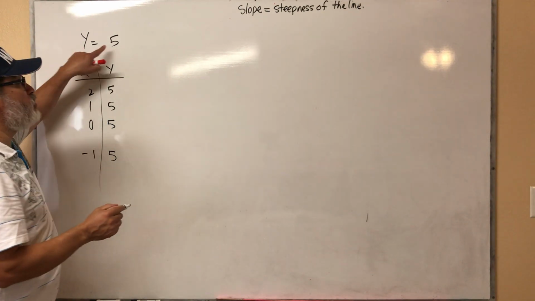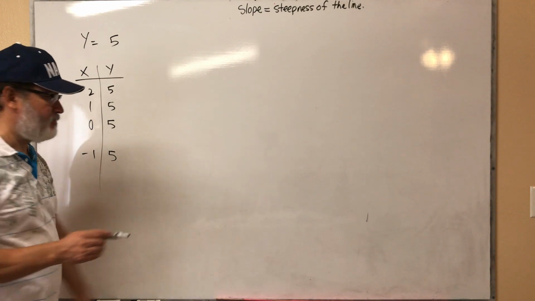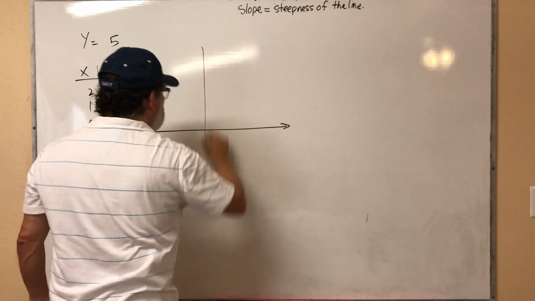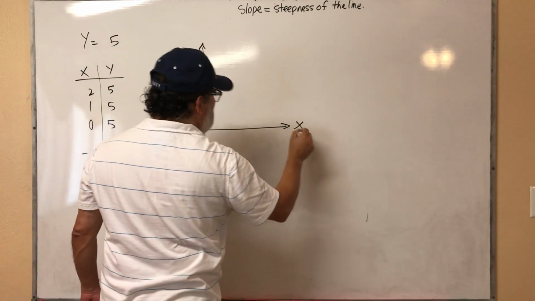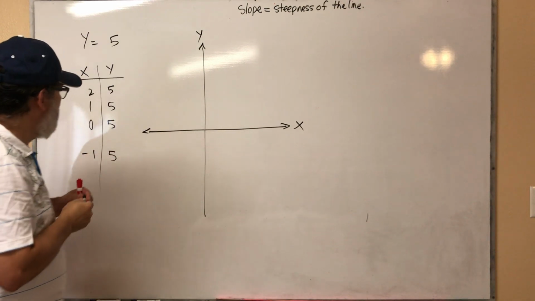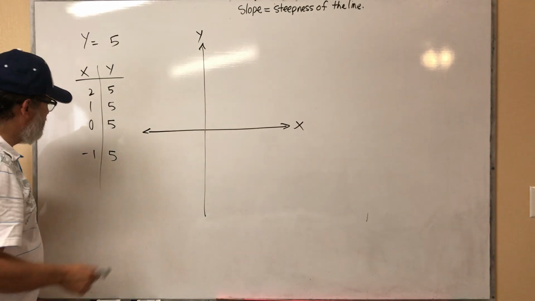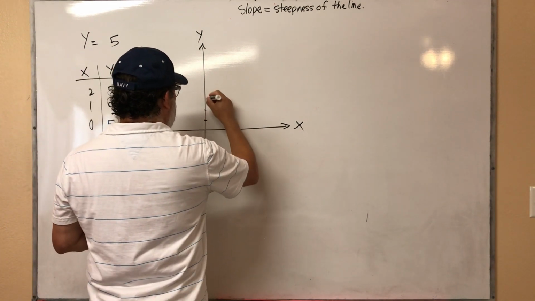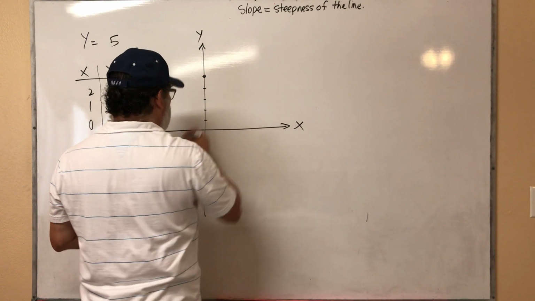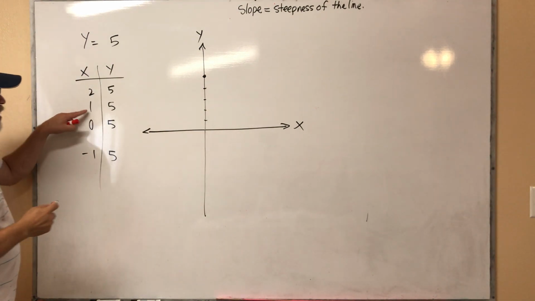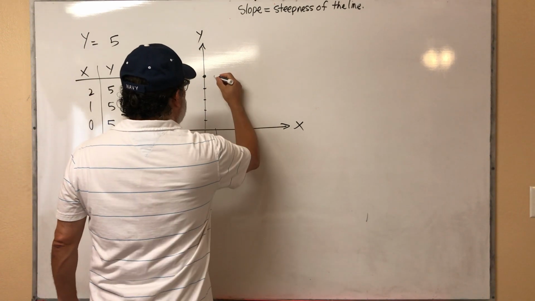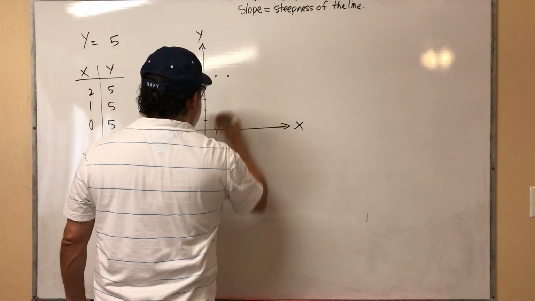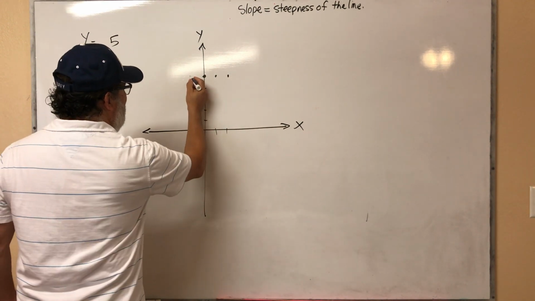Watch this. y equals a number is a horizontal line. This one in dark. x is 0, y is 5: 1, 2, 3, 4, and 5 right there. x is 1, y is 5 right there. x is 2, y is 5 right there. x is -1, y is 5. y is always 5.